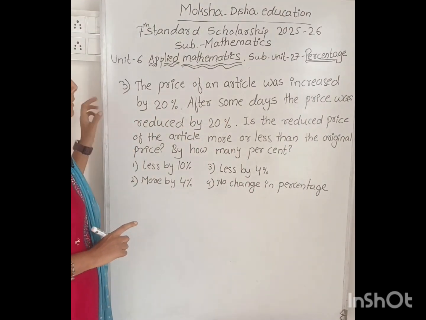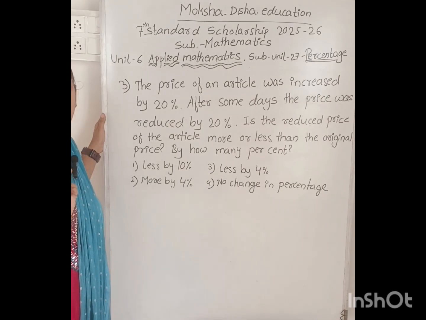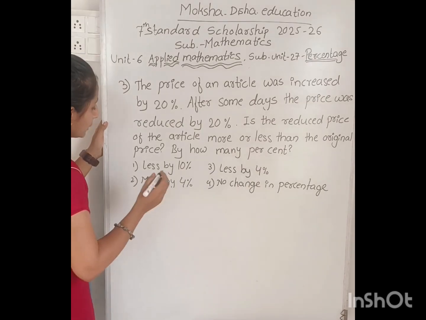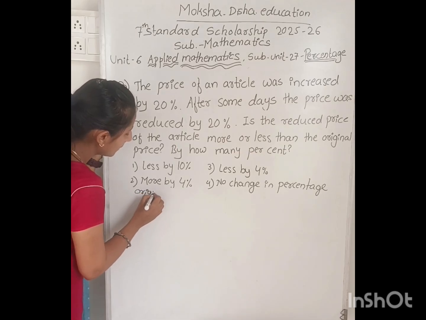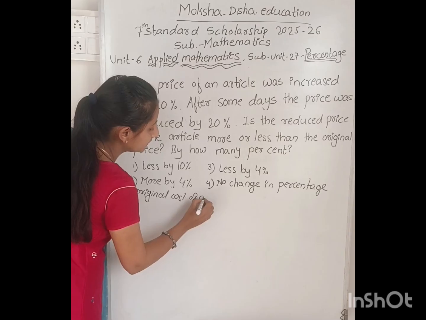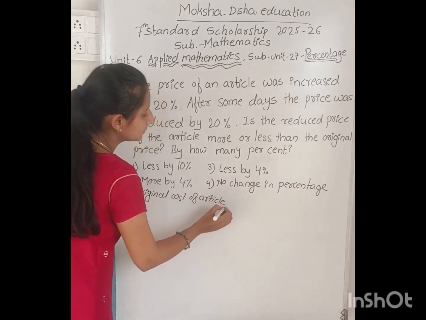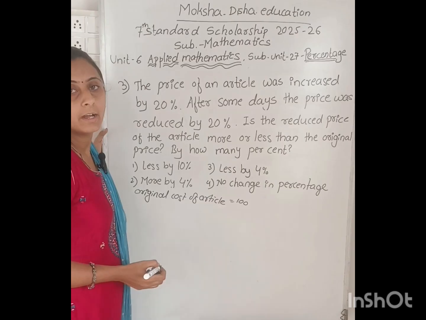First, 20% means for 100 rupees, 20 rupees is the 20% of 100. So first the original price. We don't know the original cost of the article. We consider it as 100 rupees.